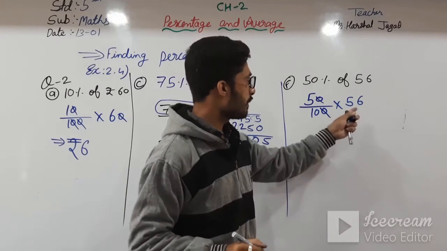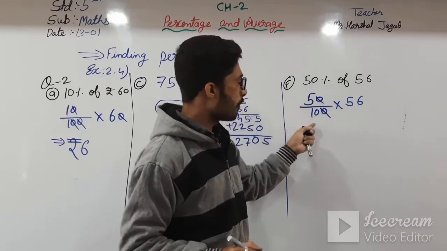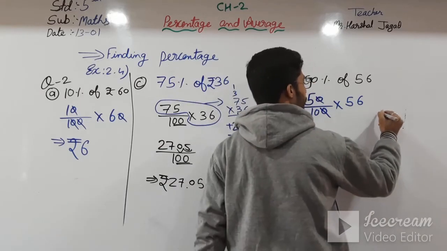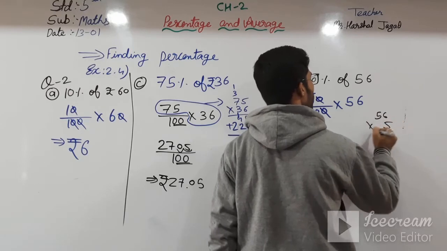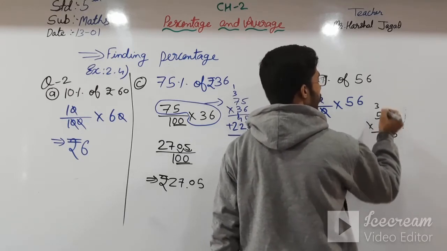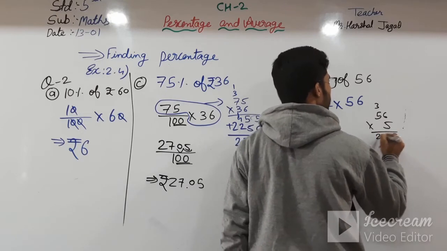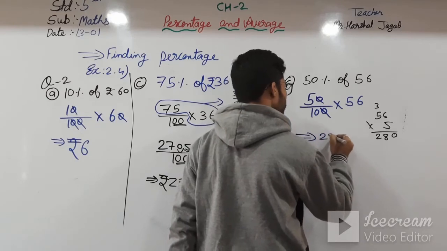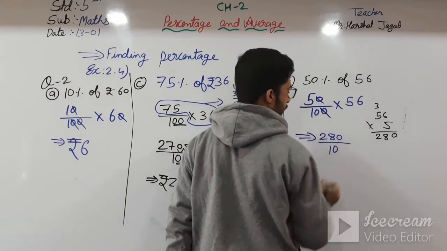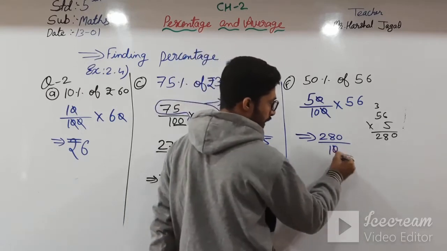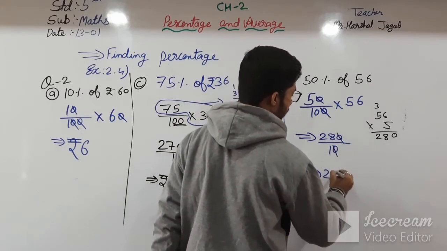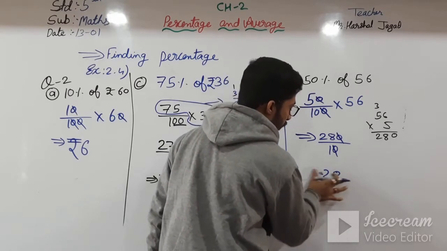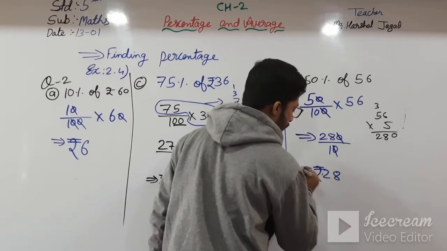Now we will multiply 56 into 5 and then put a decimal point. Let us see what we get. 56 into 5. 6 5s are 30, 5 5s are 25, 25 plus 3, 28. Then we will get 280 upon 10. Here you can see 0 0 can be cutted, so our answer is 28 rupees. In this sum also I just forgot to put the sign of rupees.